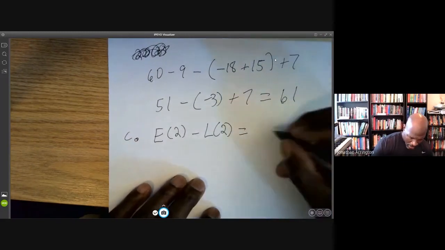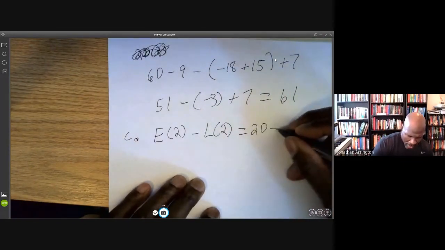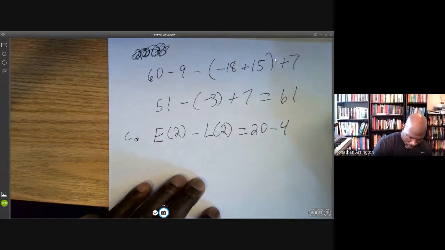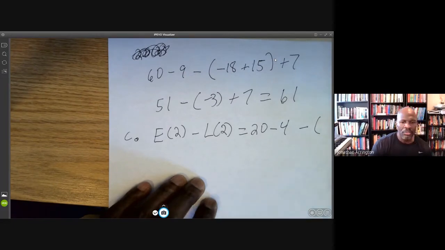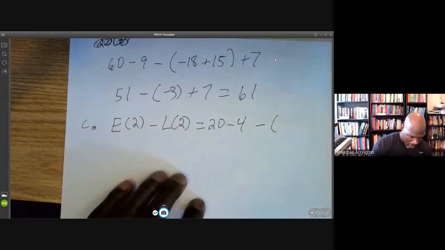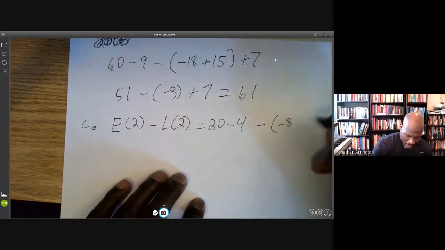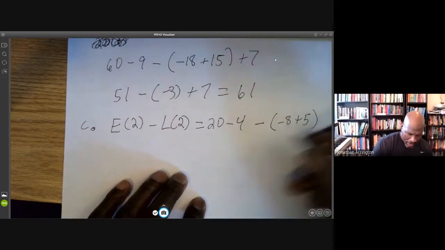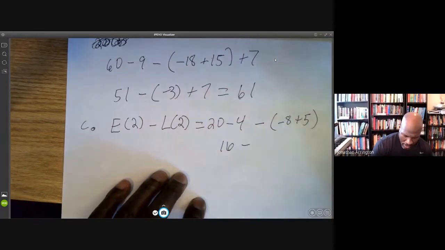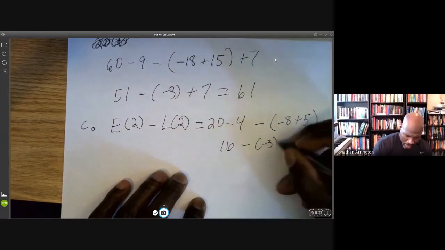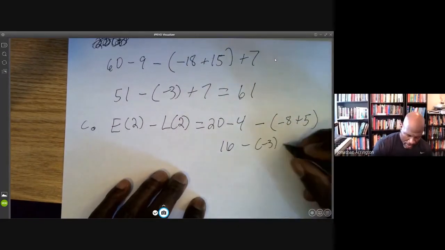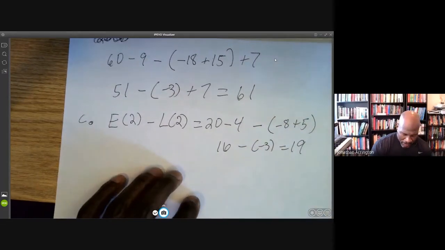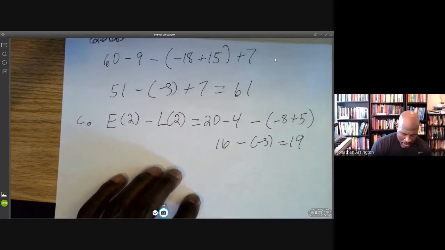So this is going to be 20 minus 4, minus, and L of t is negative 4t plus 5. So minus negative 8 plus 5. So this is 16 minus negative 3. That's positive 19. That's a positive number.